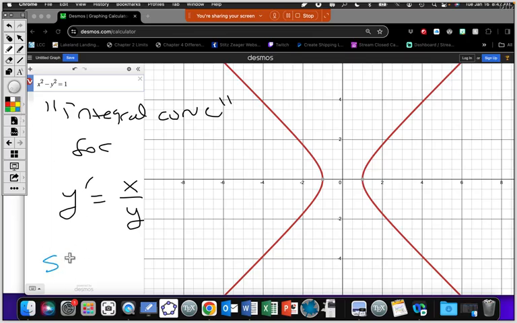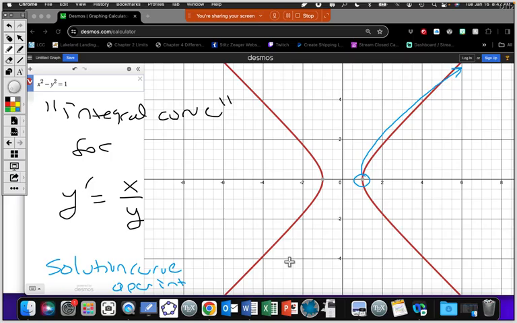So solution curve, whoops, if I could spell. What you do is you'd have to take part of this defined on an open interval. For example, if we take one of these branches, we can't include this point because the function is not differentiable there.